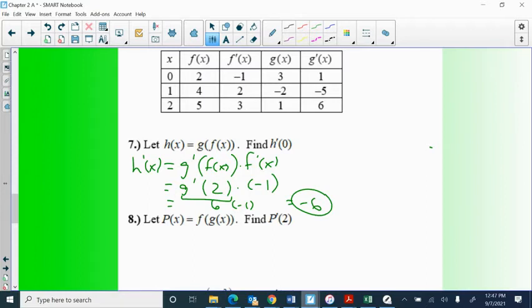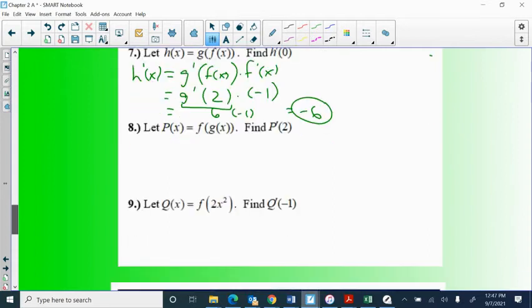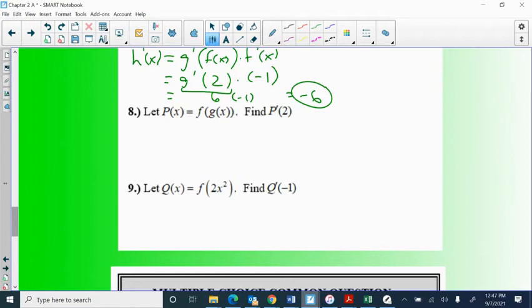Right, so f of 0 is 2. So then now you do g prime of 2. Yeah, I think you're trying to do multiplication. Make sense? Yeah. Got it. Okay, now try number 9. And obviously 9. We'll just do them all.